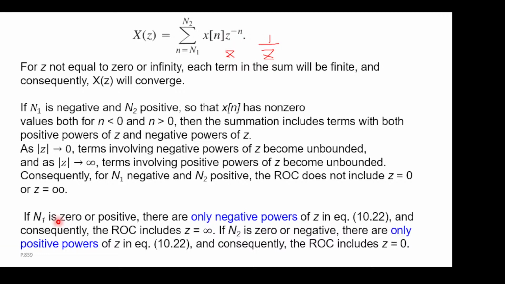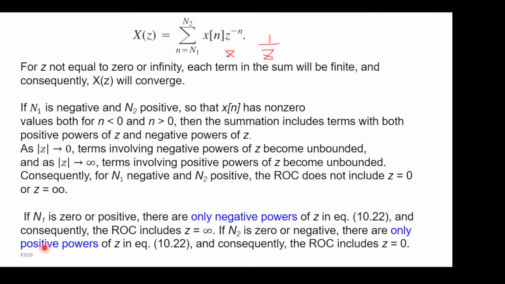So you only have those 1 over z terms, and you don't have those z terms. And so at z equal to infinity, they will converge, right? Because those kind of terms converge at z infinity.